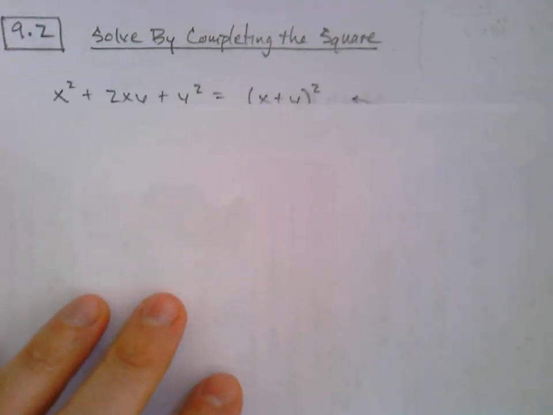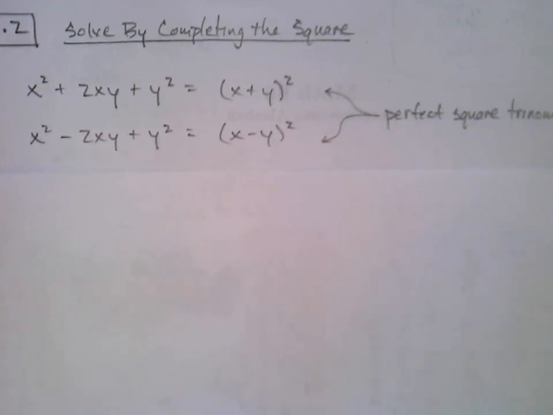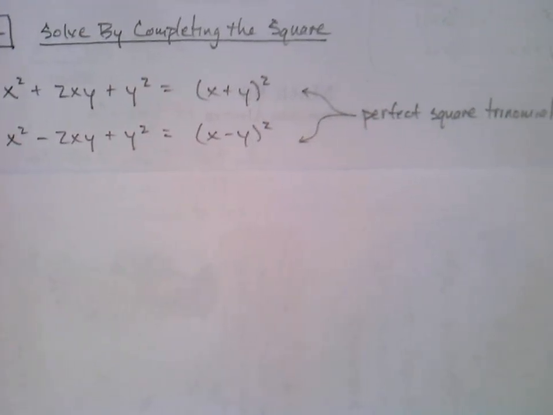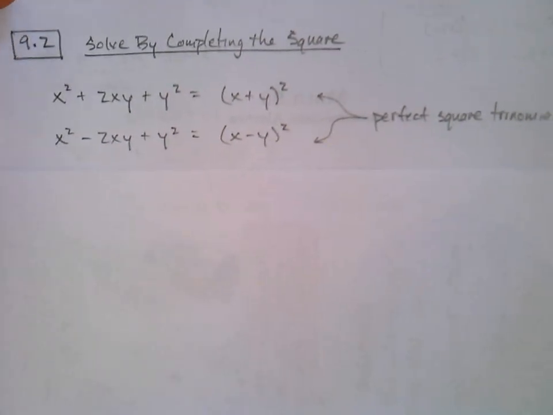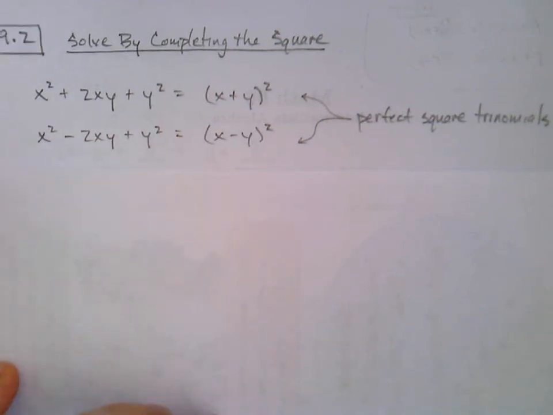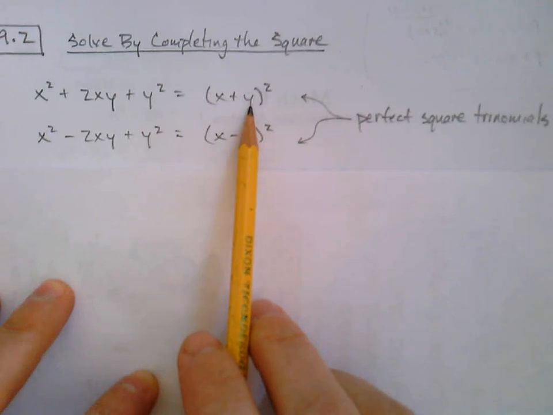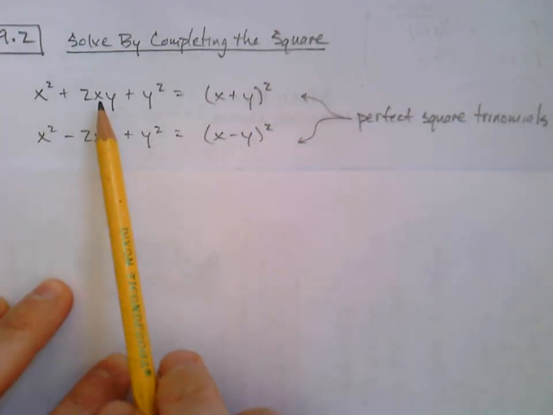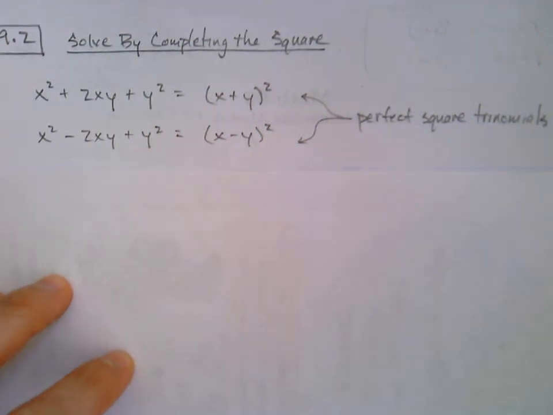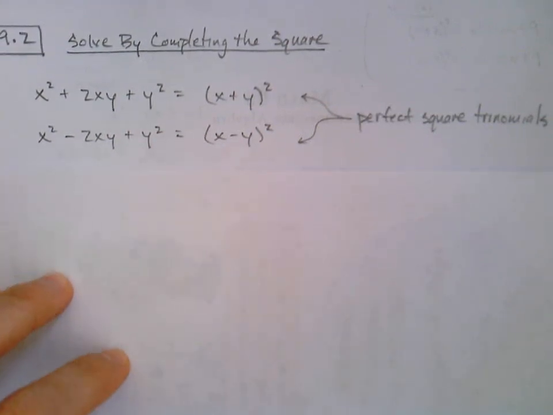So the big idea is this. We've got these two formulas, and we saw specific cases. We saw these for specific values of y when y was 3, but in general, x squared plus 2xy plus y squared equals x plus y quantity squared, and x squared minus 2xy plus y squared equals x minus y quantity squared.